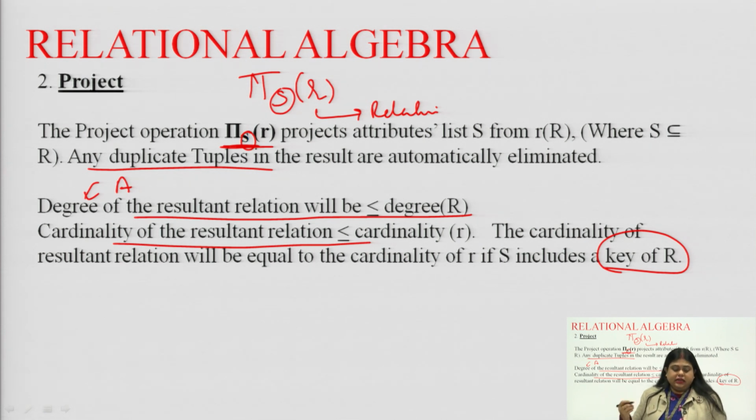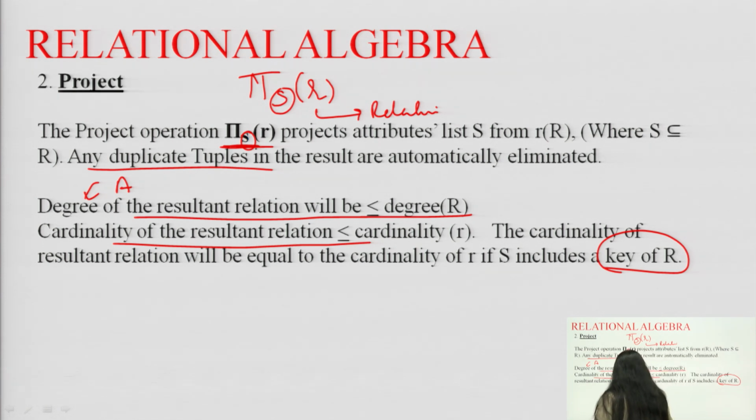Now, again let us take an example and see how the projection operation works. We are taking the same example that we did in the previous slide. Let us say get the employee ID and the employee city of all employees. So, what we need to do is find out the employee ID and employee city of all the employees. How are we going to write it?